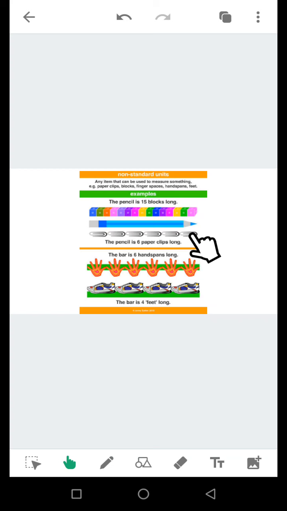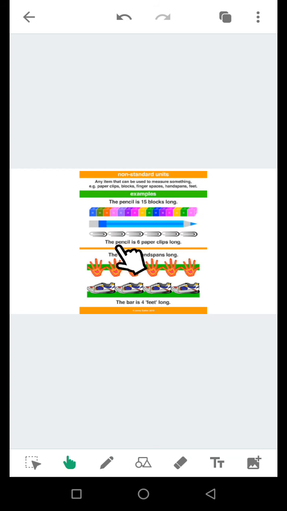Okay, so we can now say how many paper clips cover the length of the pencil. So we find out that the pencil is, let's count the number of paper clips, 1, 2, 3, 4, 5, 6.